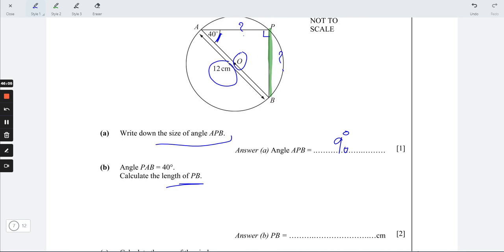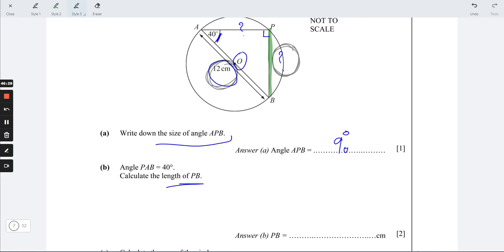So the diameter here is the hypotenuse of this triangle, and we have an angle. So once we have an angle, you have to use the trigonometric functions. Here you have to find the relation between the unknown length and the known length.